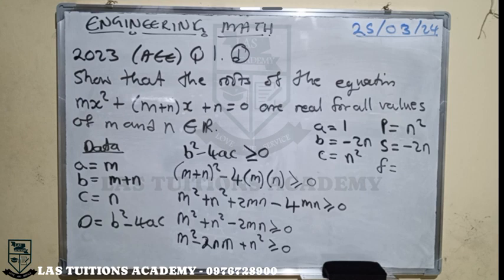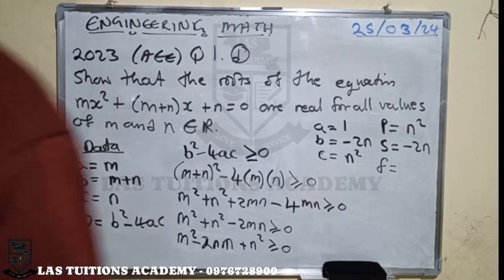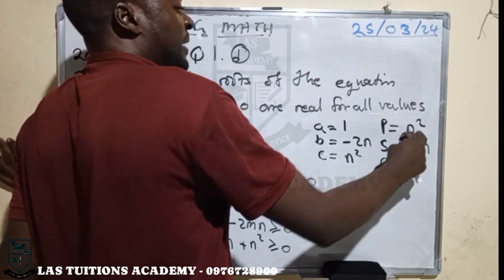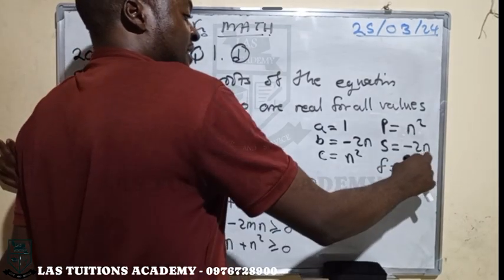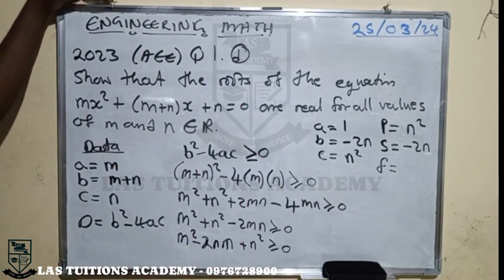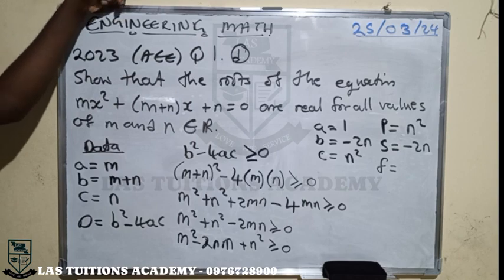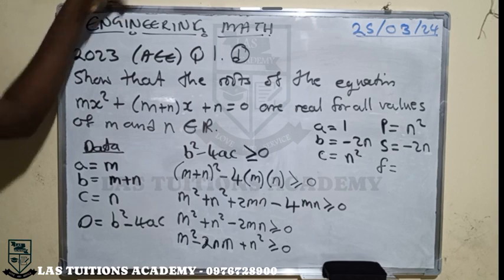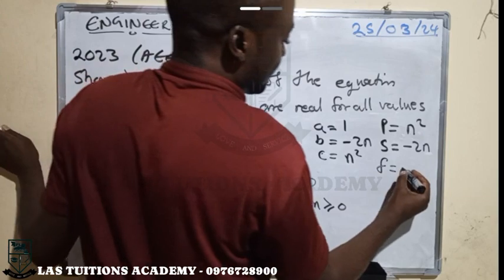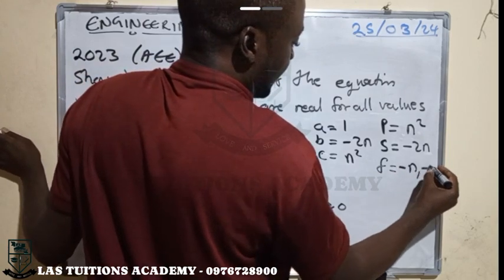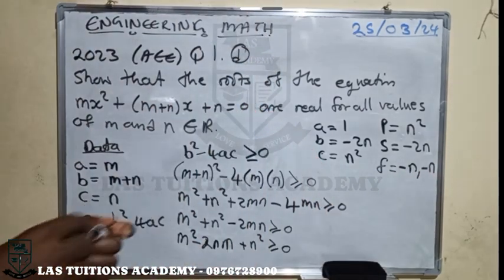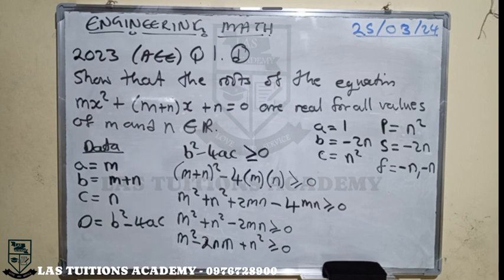This one's a bit tricky, sir, because of the n. When we multiply we get n squared, when we add we get negative 2n. So the factors are simply negative n, comma negative n. When you multiply negative n times negative n, you get n squared. When you add negative n minus n, you get negative 2n.